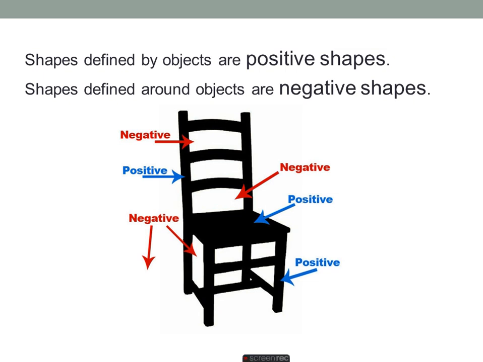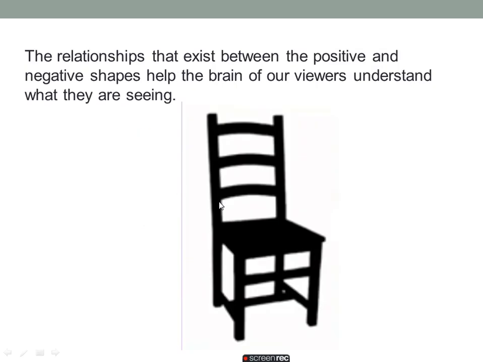Shapes defined by objects are positive shapes. Shapes defined around objects are negative shapes. For example, in this chair shape, these black parts are the positive shapes, and the white background of this shape is the negative shape.